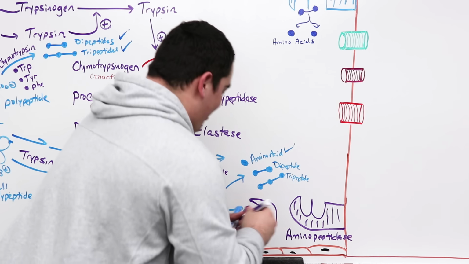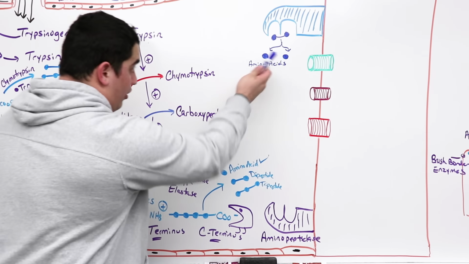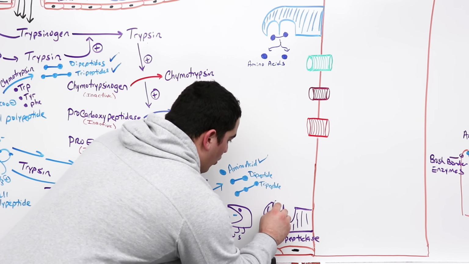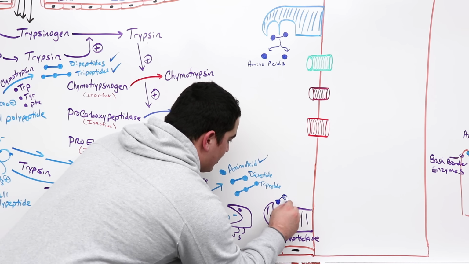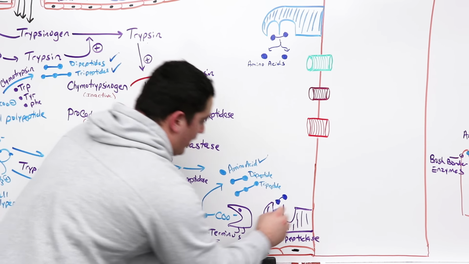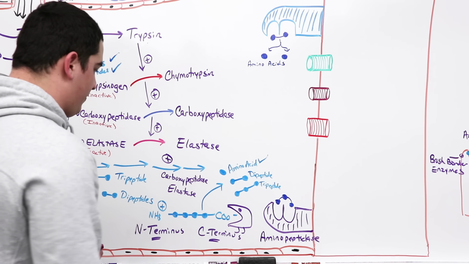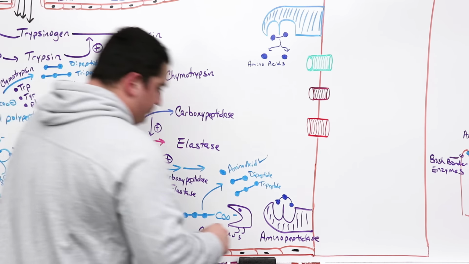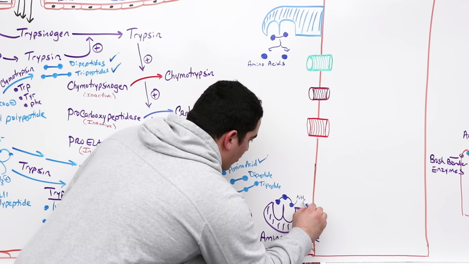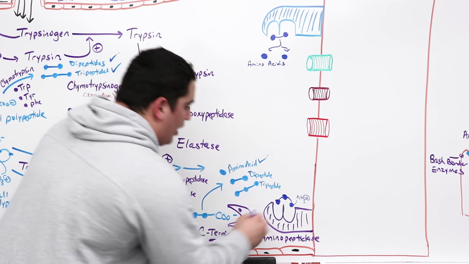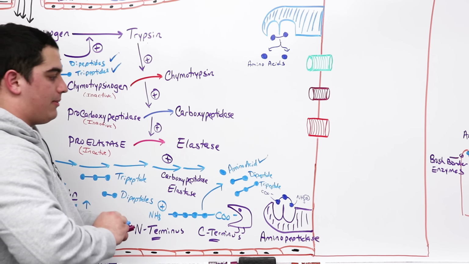So now, bring one of these. Let's keep it consistent since we chose this color. We'll put some amino acids here, and I'm going to put a tripeptide in this case. I could do a dipeptide, but I want to do a tripeptide. Let's imagine that this end is the amino end, and this end is the carboxy end of this tripeptide.